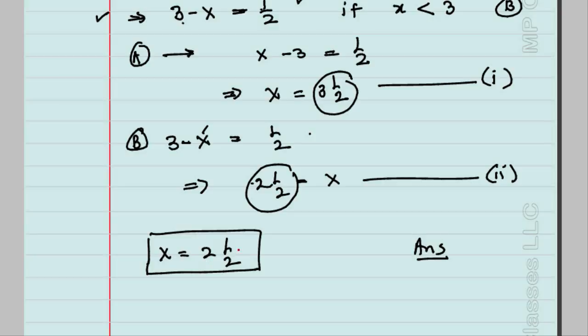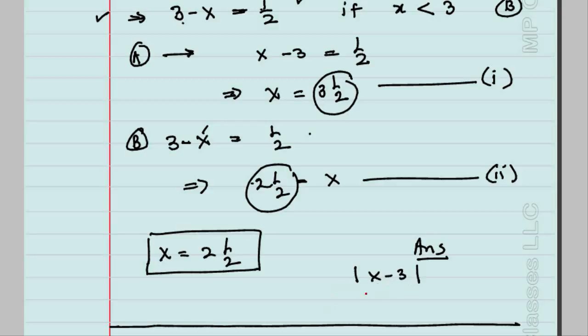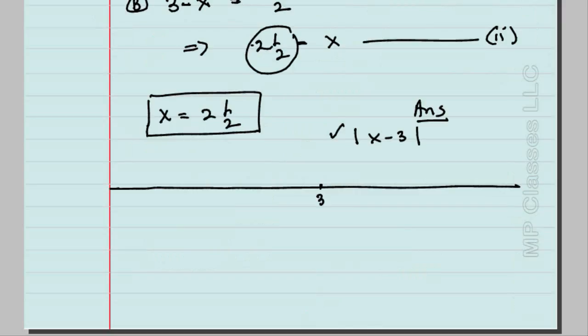Another way to look at this problem is using the number line. X minus 3 in absolute value given like this means if you pick any point and call it as 3, then you can place x around 3 at a distance 1/2. So if the point x that I pick is on the right hand side, then it is going to be at 1/2 distance and will take value 3.5.